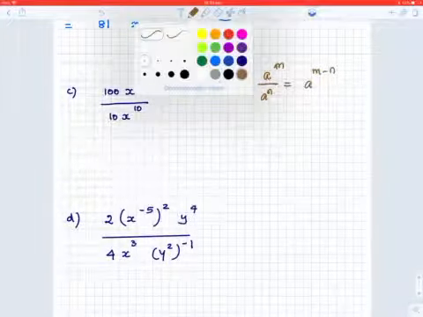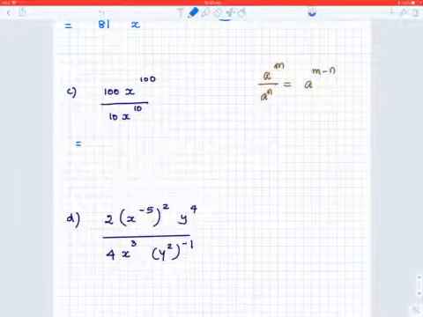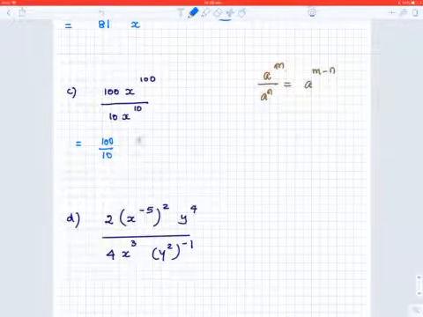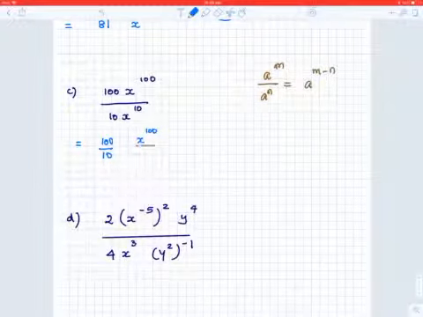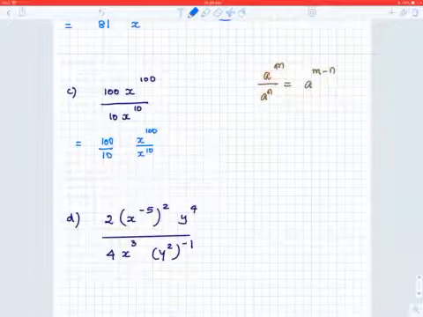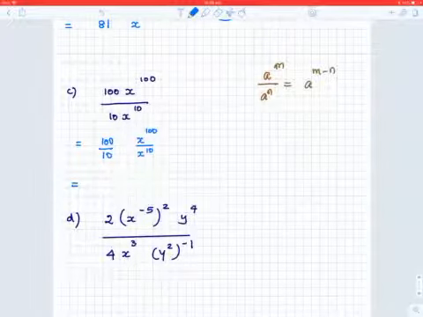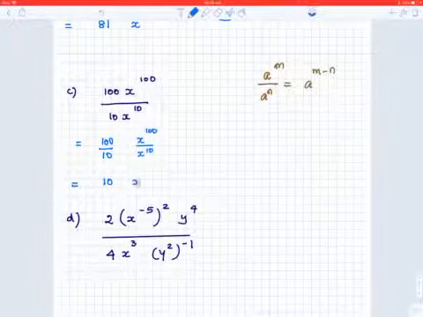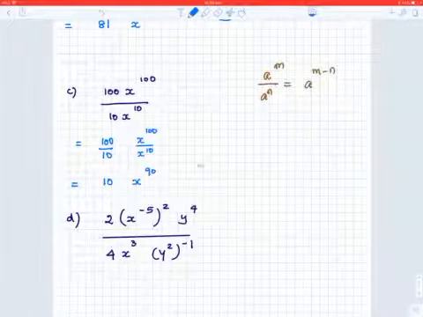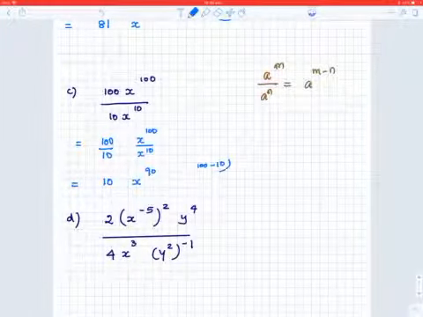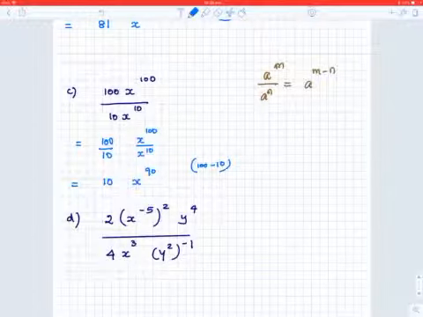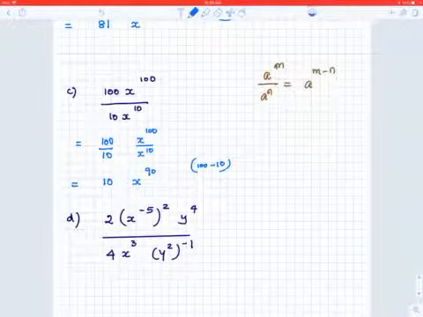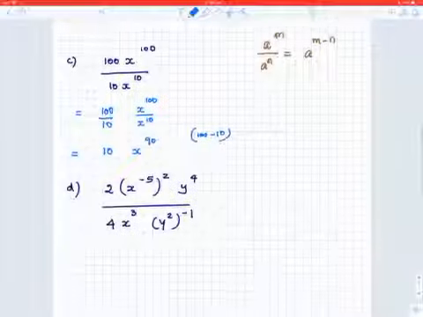With numbers, the question can be written as, first, 100 divided by 10 is 10. With the powers, we do 90, because 100 take away 10. So when you divide, for pronumerals, you have to take away the powers.